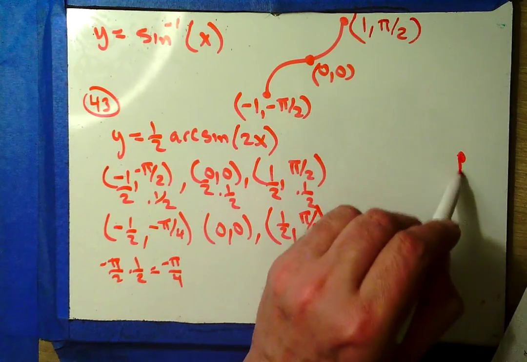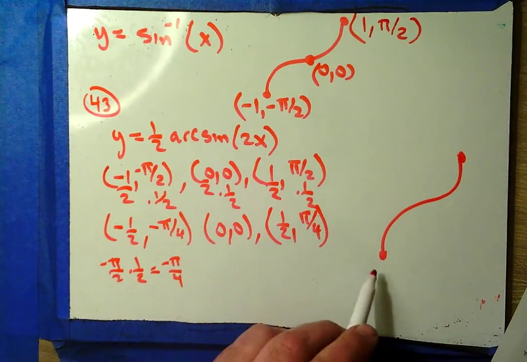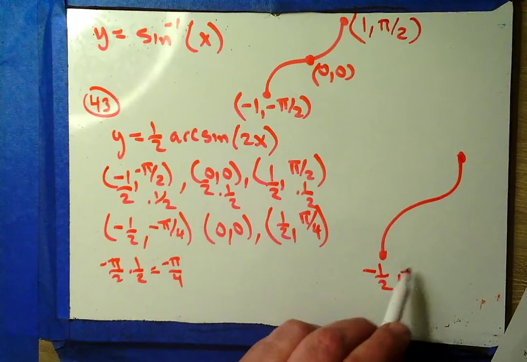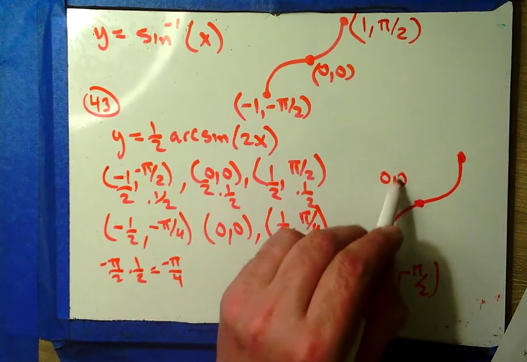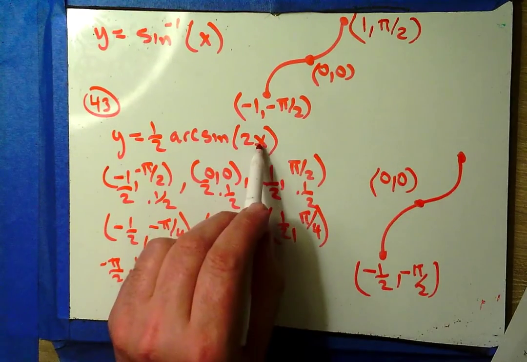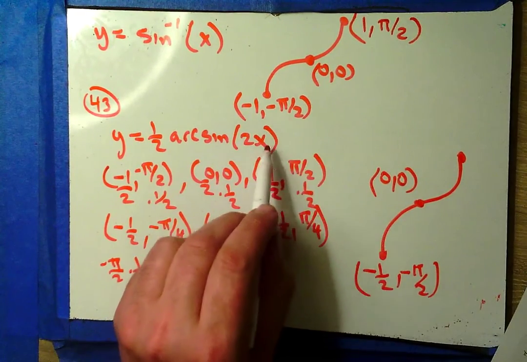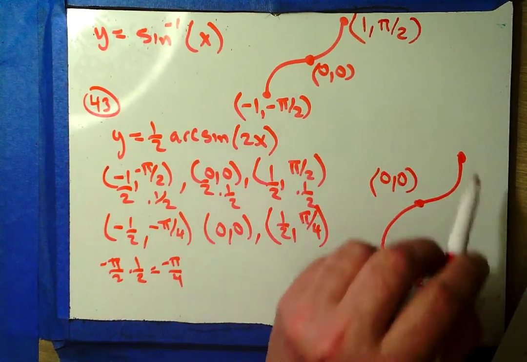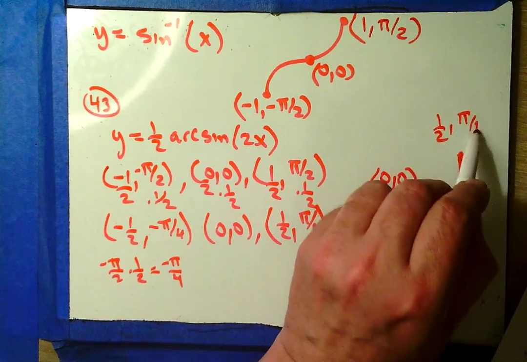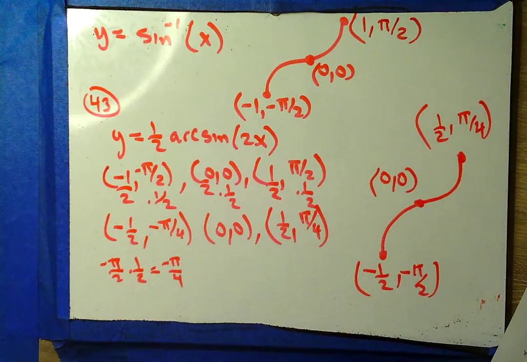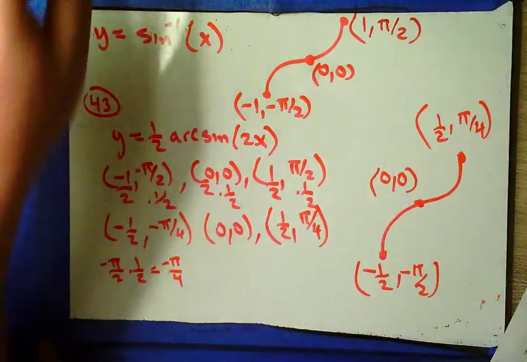And so we have our characteristic shape. We've got 0, 0 because there were no shifts either up or down or left or right, no C or D values here. And finally we have 1/2, pi over 4 as our high point. And that's our graph for number 43.